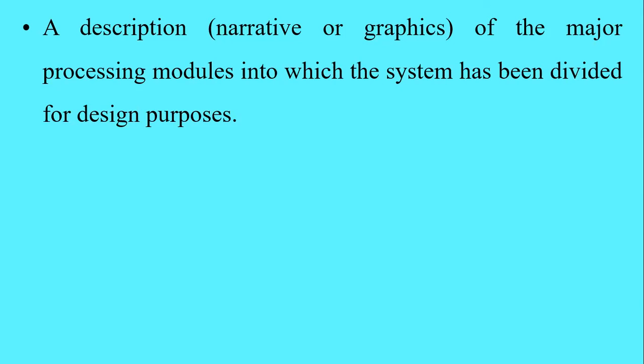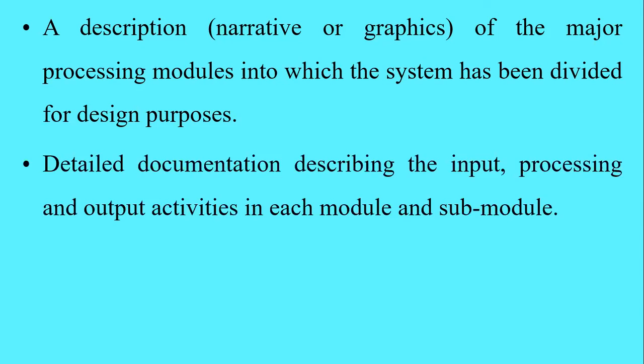Number two is a description, narrative or graphics, of the major processing modules into which the system has been divided for design purposes. Number three is detailed documentation describing the input, processing, and output activities in each module and submodule.